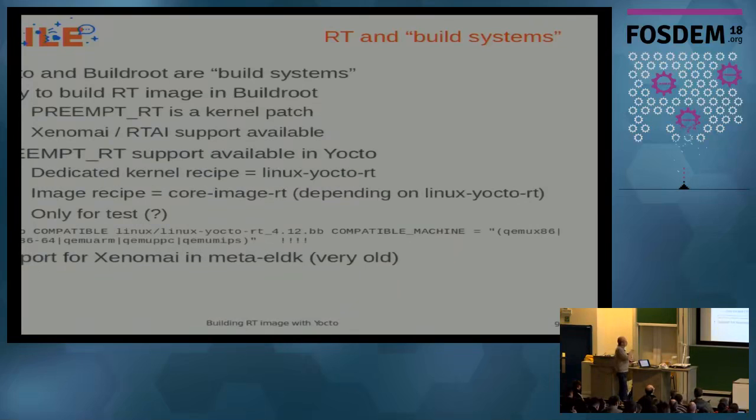But if you check the recipe, the compatible machines are linked to QEMU systems, which is not the choice for real time. So we can say it's just for testing and integration of PREEMPT_RT, but it's not really for using real time.